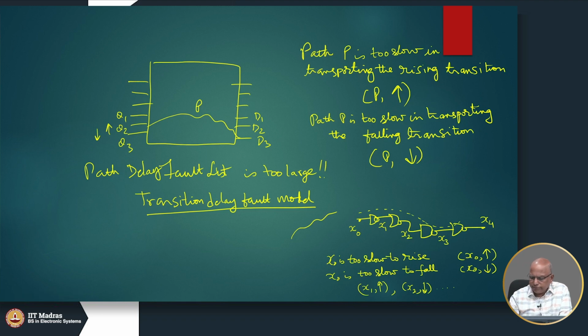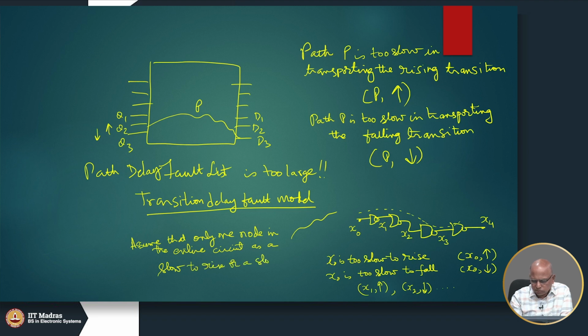The trick is, assume that only one node in the entire circuit has a slow to rise or a slow to fall fault.